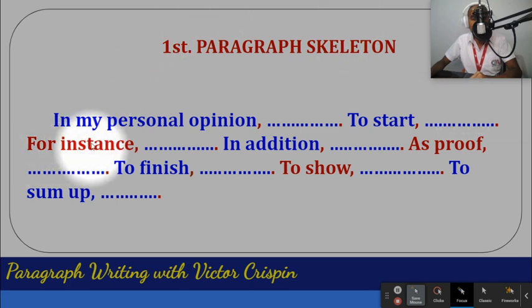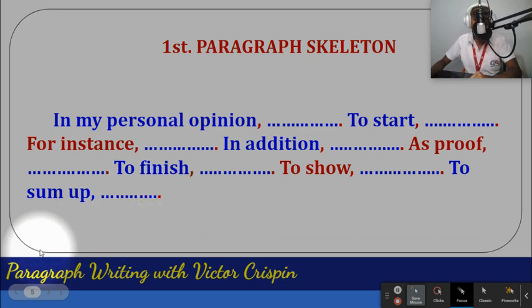For instance, then you write your first example. In addition, introduces the second supporting sentence. Then we have as proof, and you write your second example. Then we have to finish in order to introduce your third supporting sentence. Then we have to show in order to introduce the example of the third supporting sentence. And finally, we have this connector to sum up in order to introduce the concluding sentence.